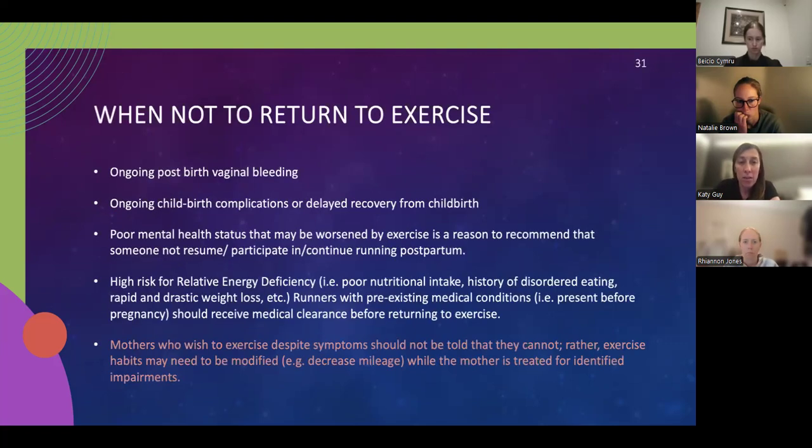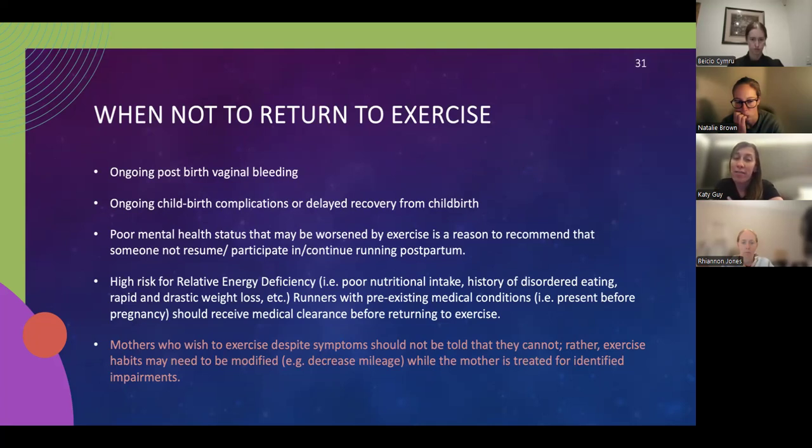But not everyone may be able to return to exercise even if you want to. So if there's ongoing post-birth vaginal bleeding, if there's ongoing childbirth complications, whether that's from the scar, whether that's from a tear, or you're having a delayed recovery from childbirth. If there's poor mental health status that may be worsened by exercise, and that might be a reason not to restart.